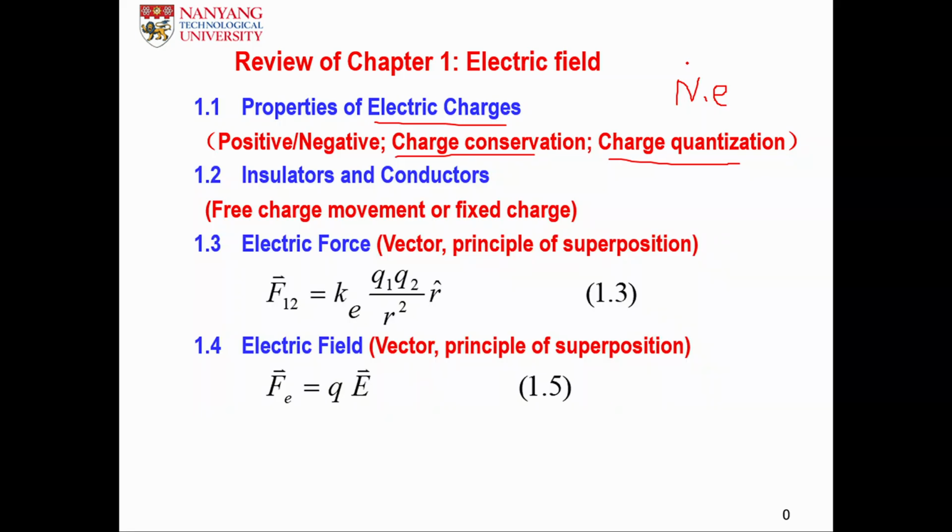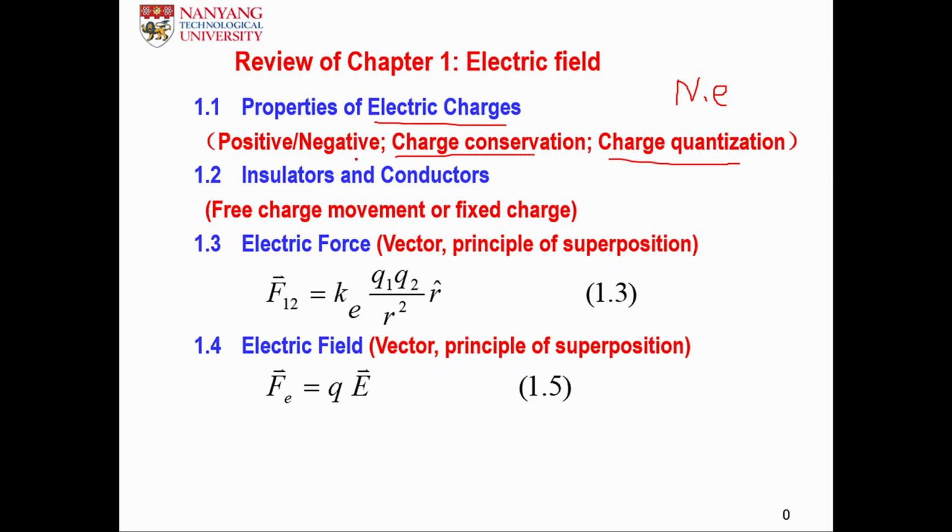The second point is, based on how electrical charge can move in different materials, we can have conductor, insulator, and in between the so-called semiconductor. A conductor is a material in which the electrical charge can move freely.